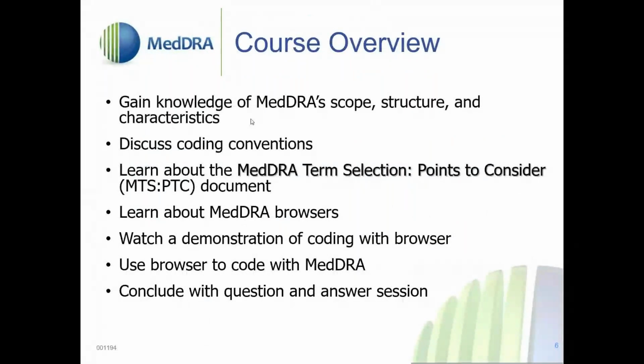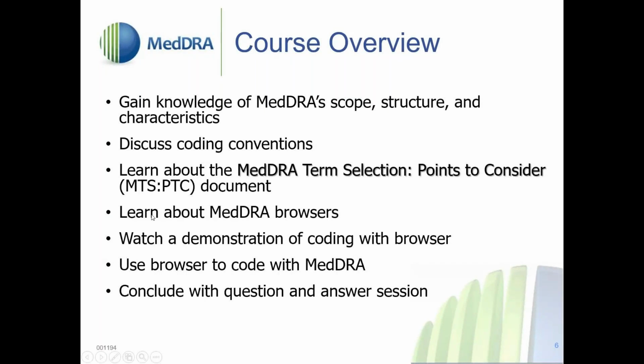Now let me provide you with an overview on what we will cover today. At first, we will shortly address the topic of MedDRA structure and characteristics. We will then discuss the need for coding conventions when using MedDRA and look into an important document you should make yourself familiar with, the so-called Points to Consider document for MedDRA term selection that provides principal rules for MedDRA coding.